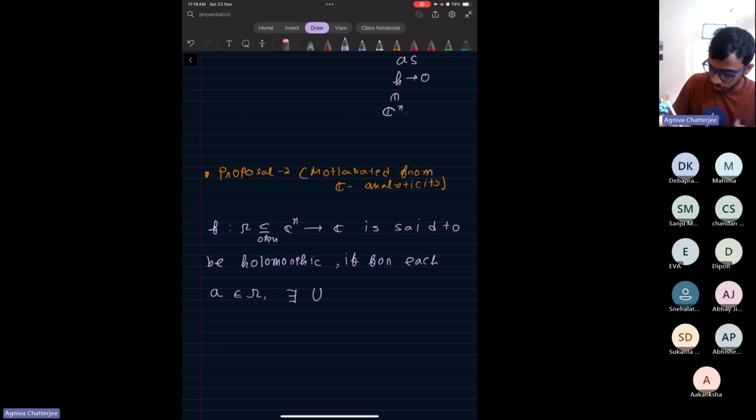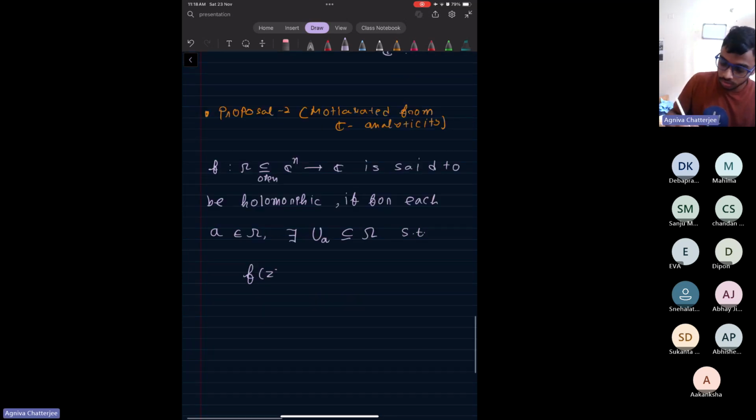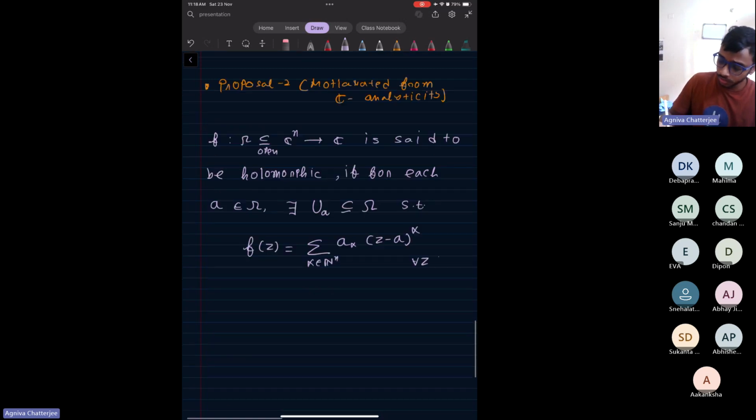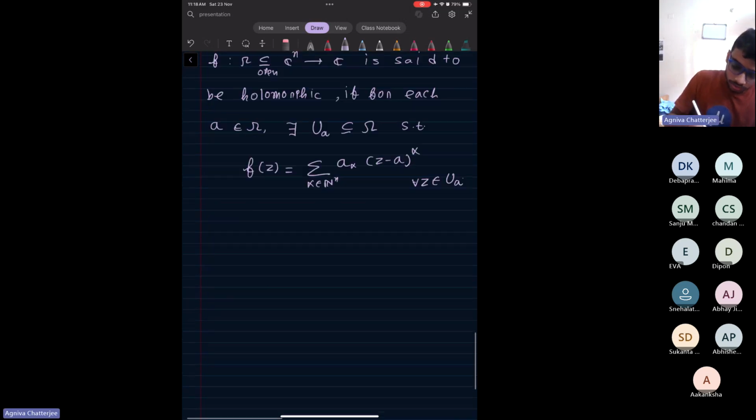Local means that you have a neighborhood U_a in omega such that f can be represented as a power series, sum over alpha of c_alpha (z minus a) to the alpha, for all z in U_a.